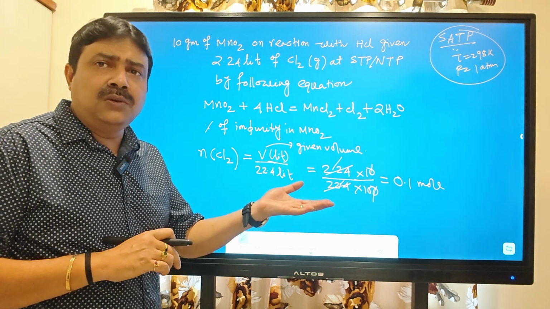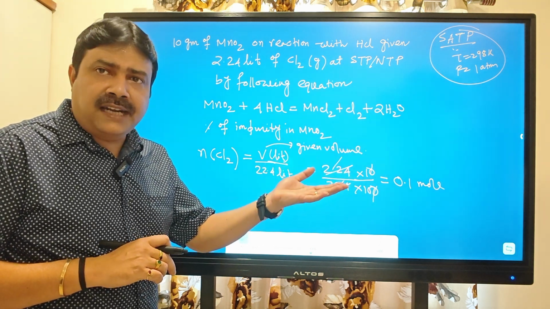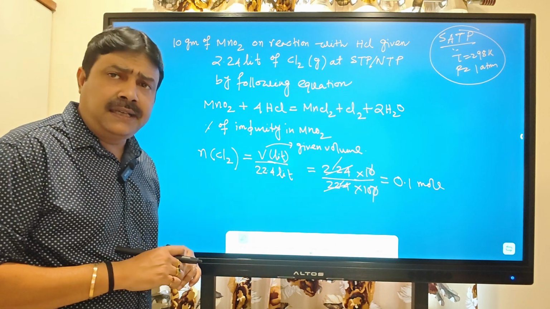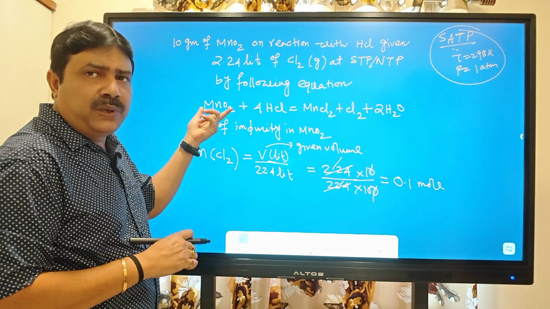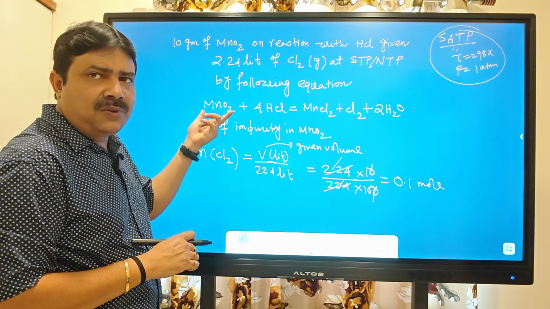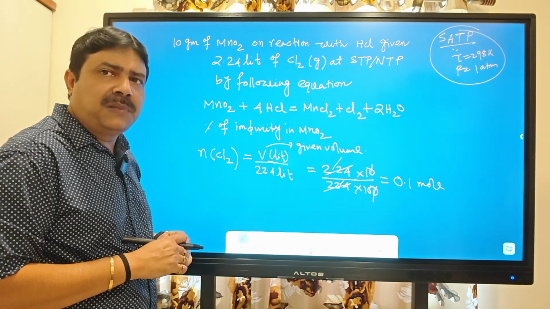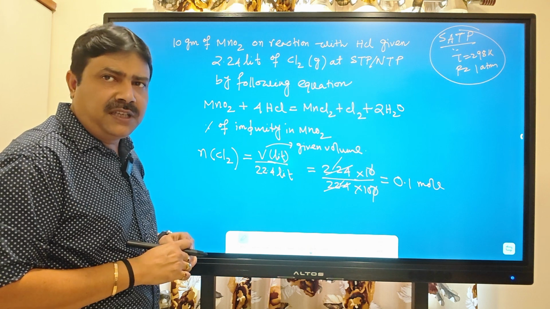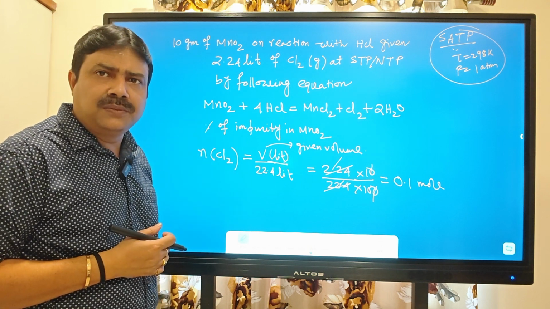And once you get the moles idea, by default you will get the mass idea. That means 1 mole means the molar mass amount of MnO2 is reacted. Molar mass of MnO2 means the mass of all the elements of the substance, multiplied by their atomicity and added up. Yes or no?